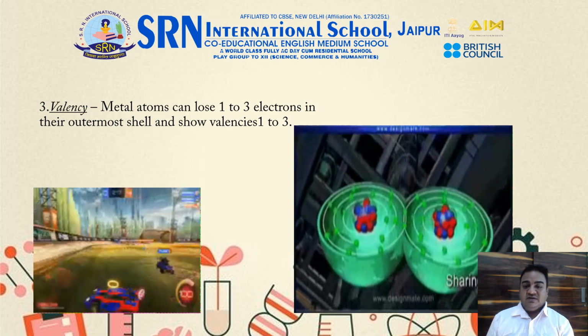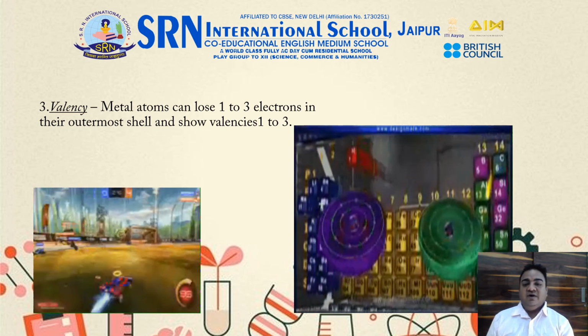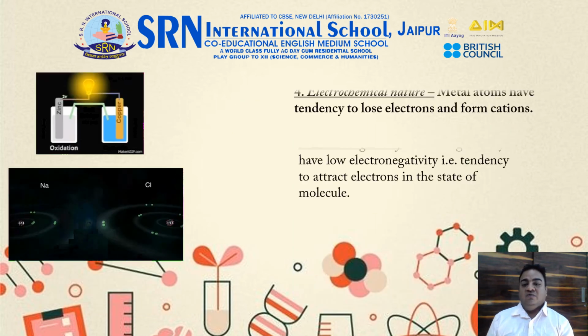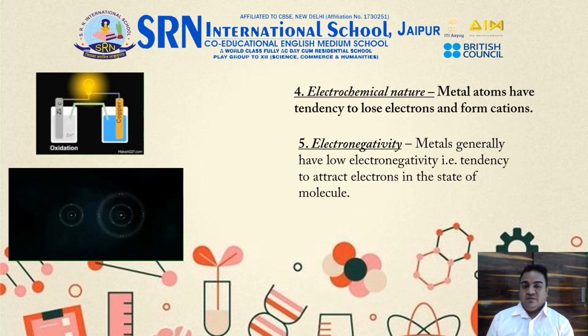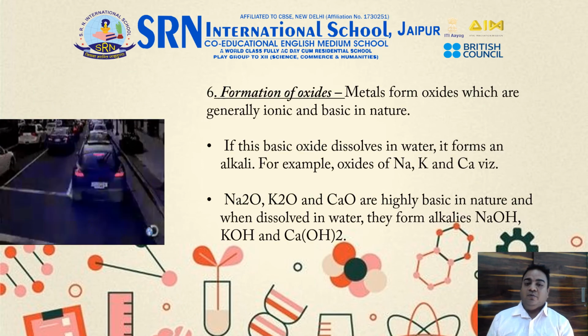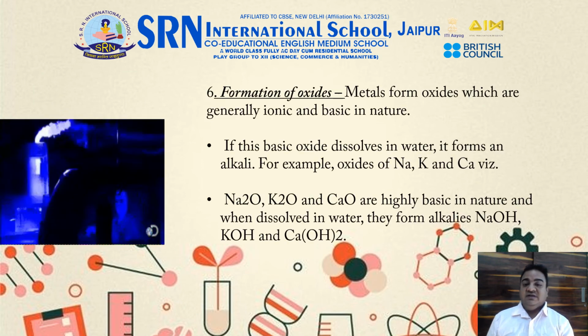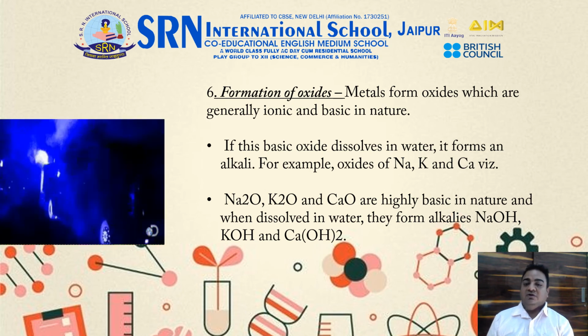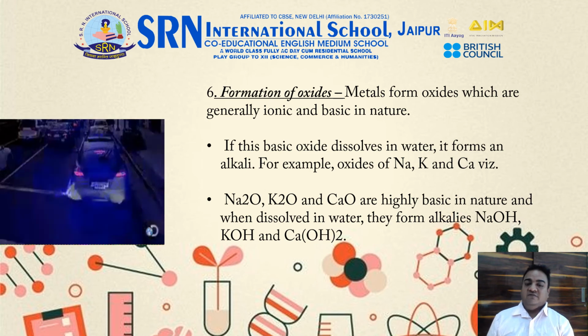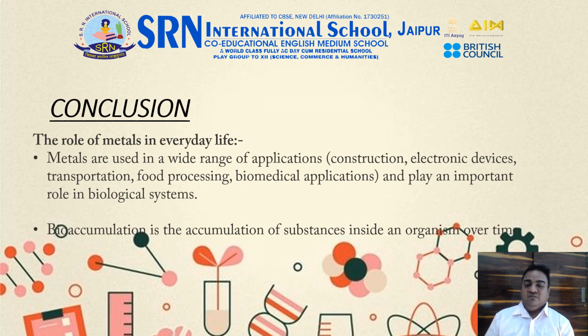As already discussed in valence electrons, they have 1 to 3 valency, that is always of positive nature. Now let us consider what is electronegativity. Metals have a very low electronegativity, that is, they don't want to accept electrons, rather they have an electropositive nature. Metals easily form oxides when they react with oxygen, such as sodium oxide, potassium oxide. Also they can form hydroxides when reacting with water.